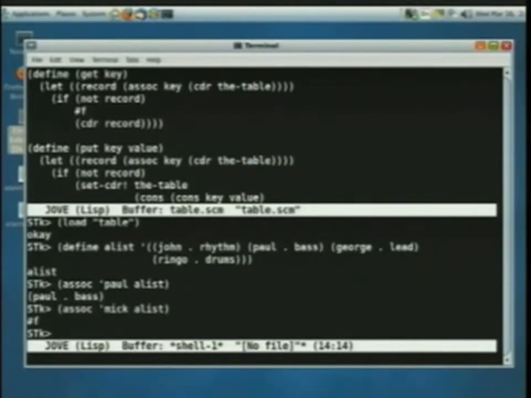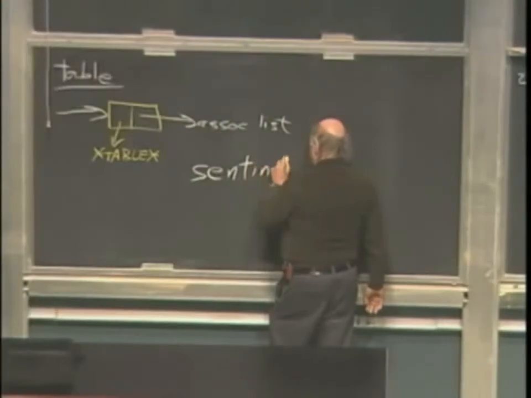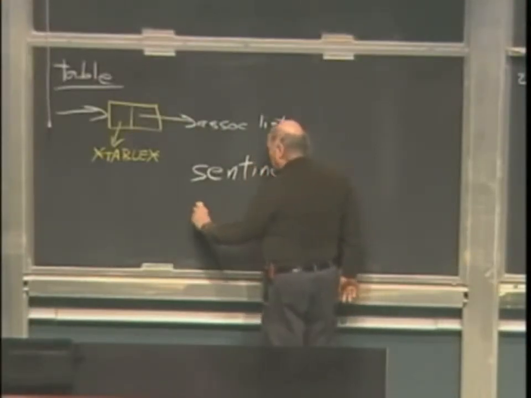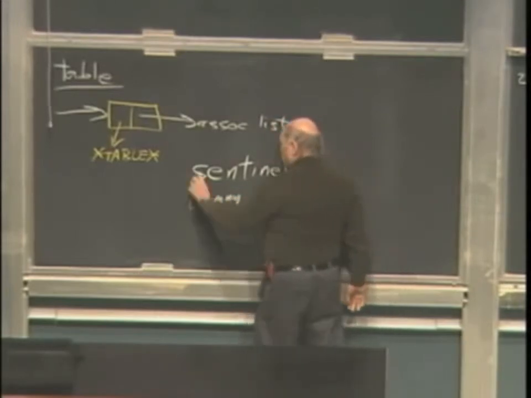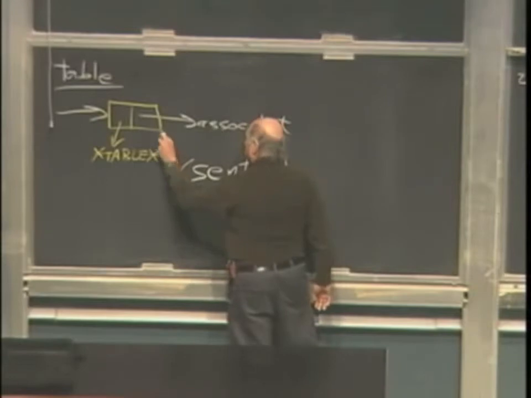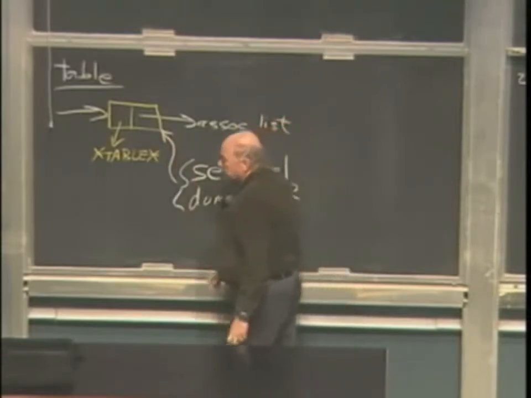It serves as what we call a sentinel, or sometimes a dummy node. Those are names for this pair.